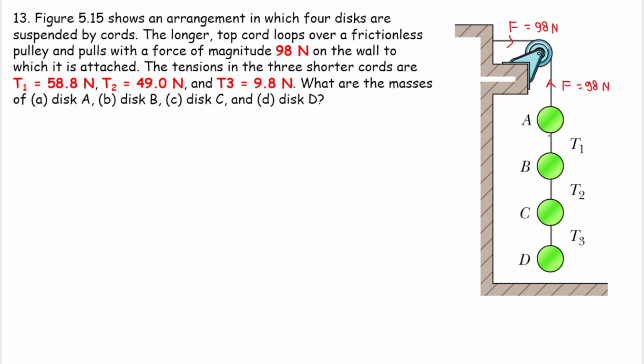So we will have T1 here that will be pulling A down, but that will also pull B up, right? And the same for T2, it is pulling B down but pulling up C. And then T3 is also pulling C down, but also pulling D up.